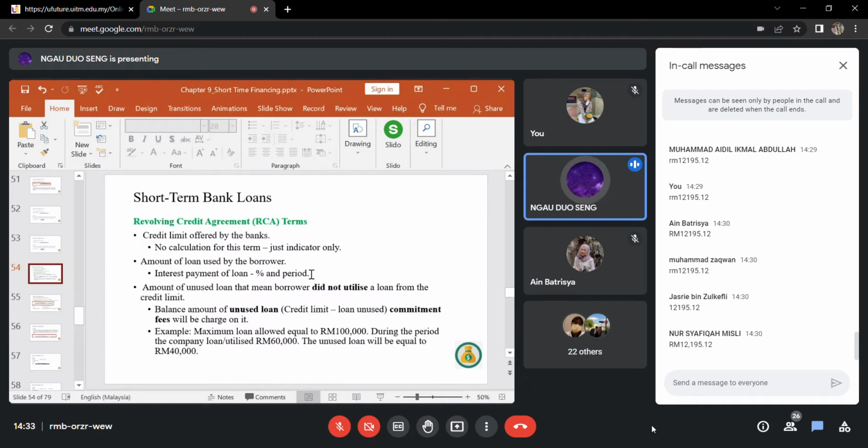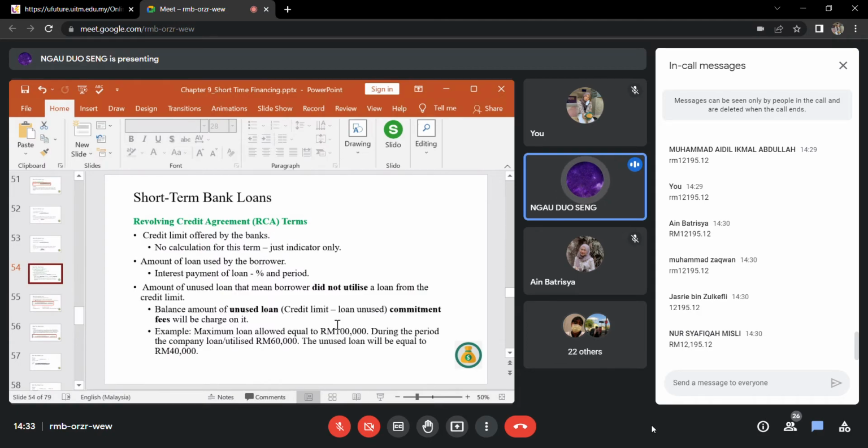So kalau normal cases, kalau company nak duit dia kena apply dan bank akan proses, mungkin akan ambil masa lama. So dia nak mengelak, dia apply siap-siap, in advance, maksud sekarang dia tak perlu duit. So dia apply dengan bank dahulu. Bank sudah approve maksimum duit yang sesebuah syarikat boleh pinjam. Contoh kat sini, maksimum loan yang allowed adalah 100,000.